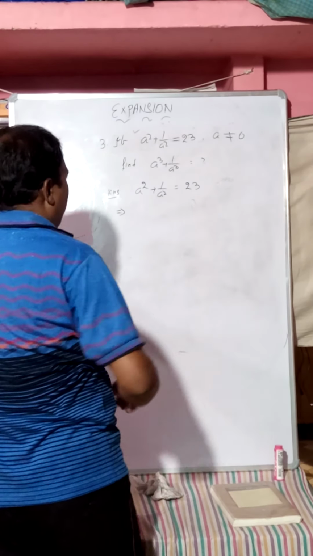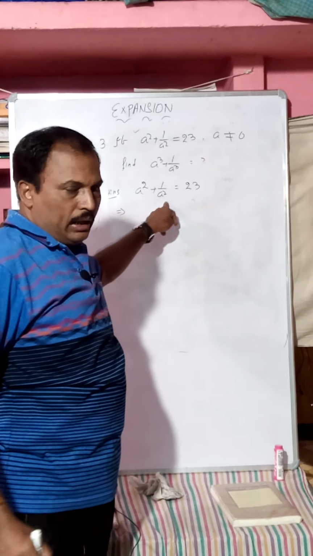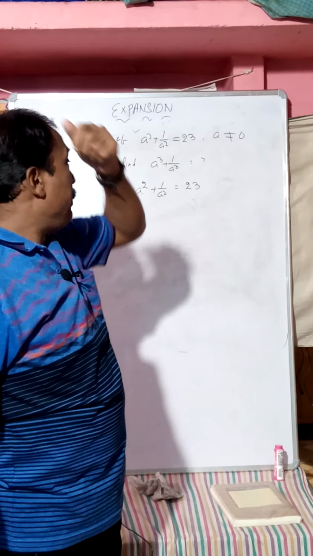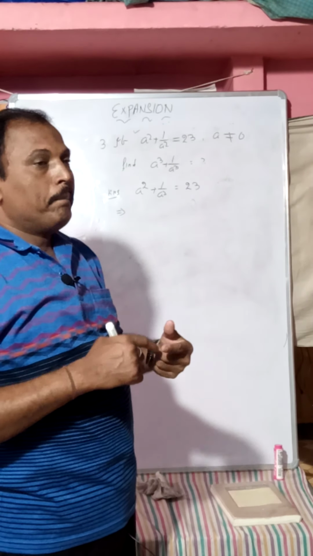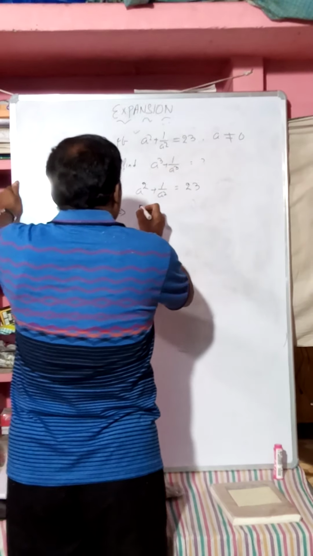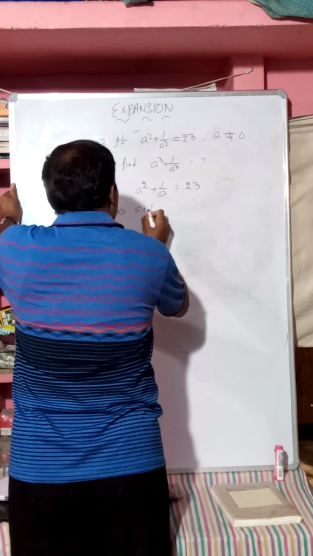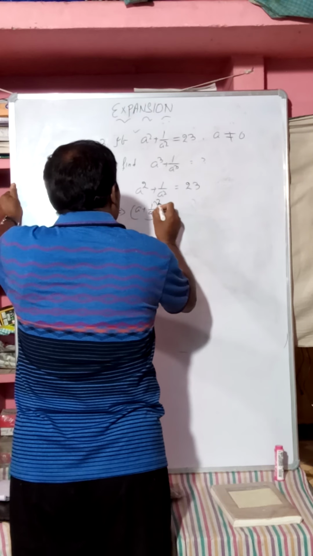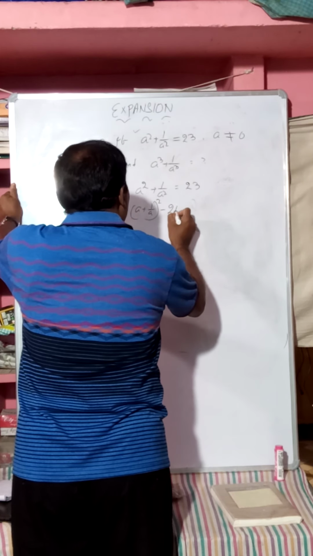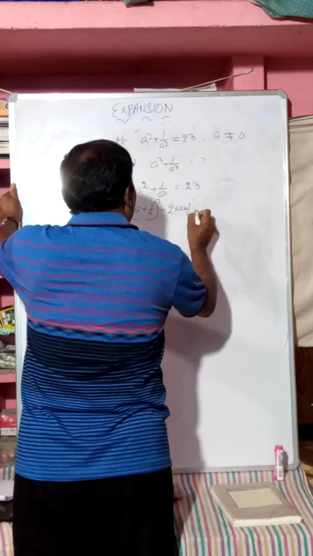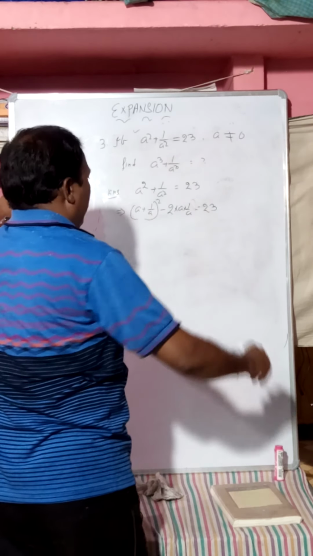This implies a square plus b square is equal to a plus b whole square minus 2ab, that is, a plus 1 by a whole square minus 2 into a into 1 upon a is equal to 23.